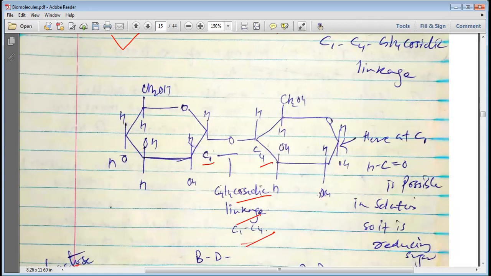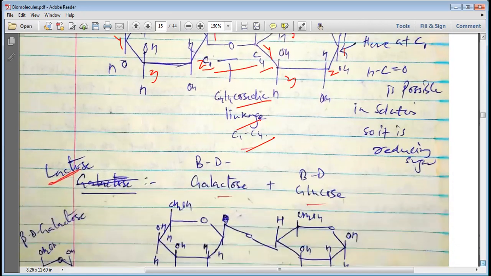You can see that this is the first, second, third, fourth, fifth, and sixth carbon of one glucose, whereas this is the first carbon, second carbon, third carbon, fourth carbon, fifth carbon, and sixth carbon of the other glucose. So they are bonded C1C4, and in maltose we have a C1C4 glycosidic linkage.